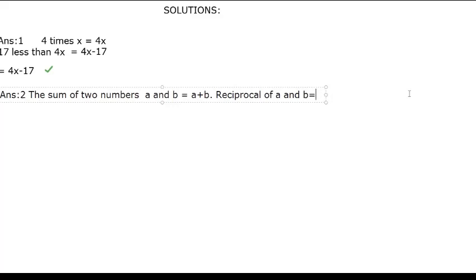It means inversion. So here is what the answer is going to be: 1 upon A plus B. That's what it's going to be. Perfect.